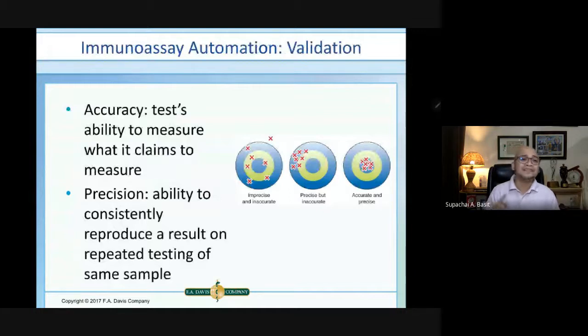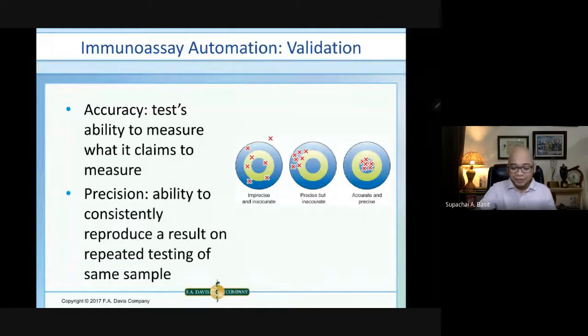And of course, whenever we are doing immunoassay automation, we want to have accuracy. Accuracy is the test's ability to measure what it claims to measure. Meaning to say, the closeness to the true value, that is accuracy. The ability to consistently produce the same result on repeated testing of the same sample, that's the definition of precision.